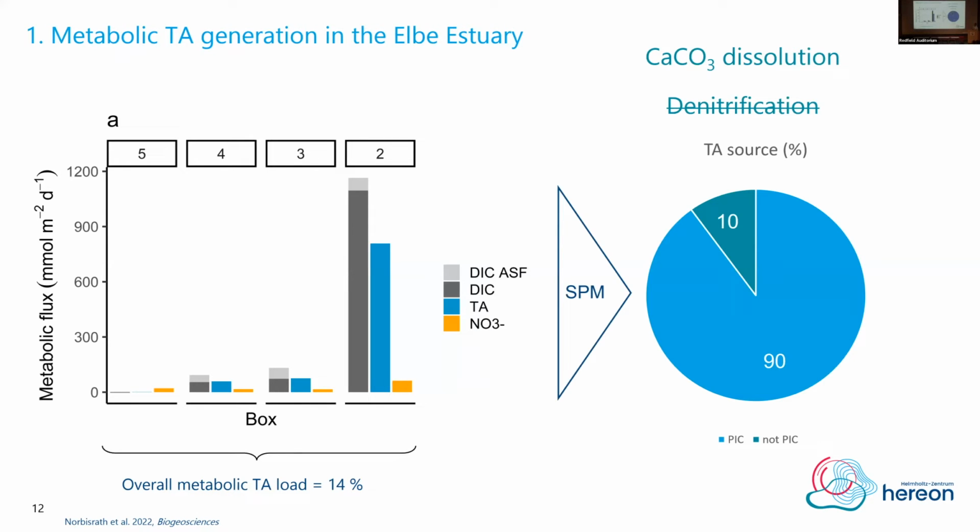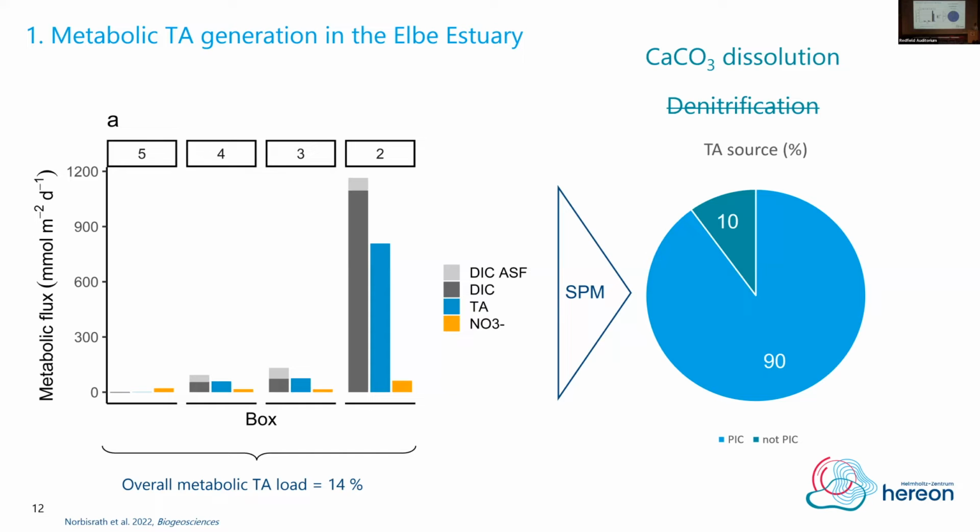And when we combine this with particulate matter properties, we attributed that the main part of the alkalinity has its source in particulate inorganic carbon. And so we assume that most of the generated alkalinity could be generated by calcium carbonate dissolution. And we assume that the remaining 10% of the metabolic alkalinity in the estuary was generated by other anaerobic processes.